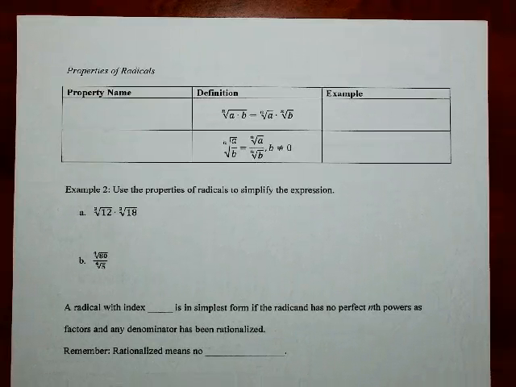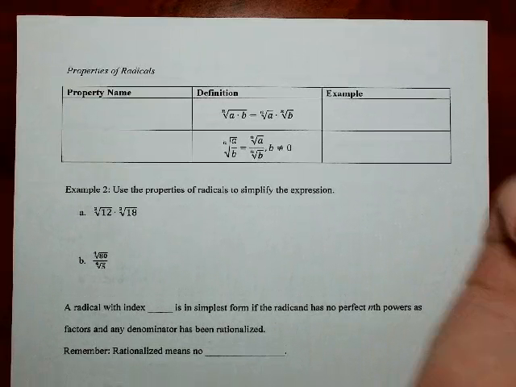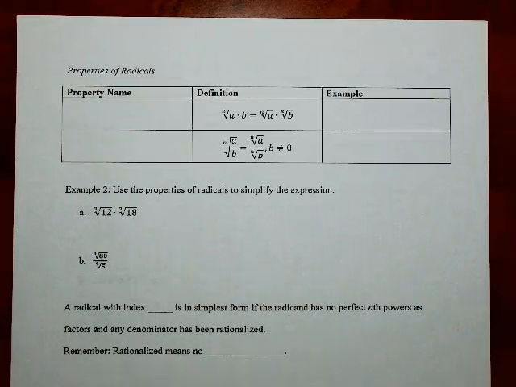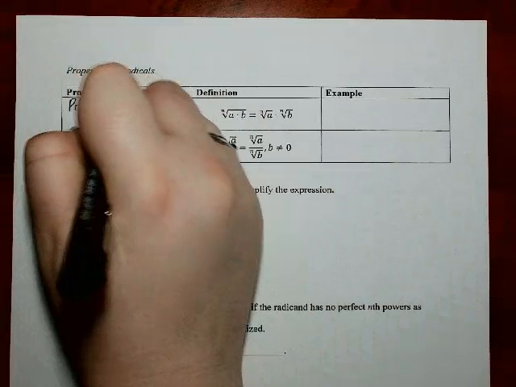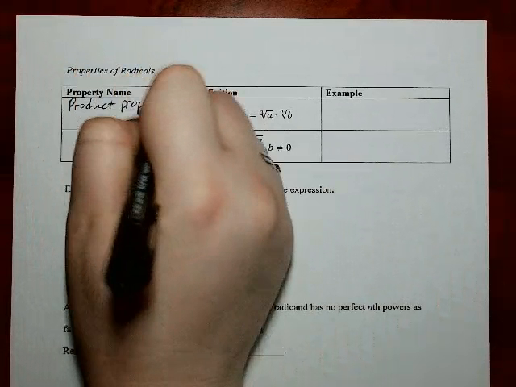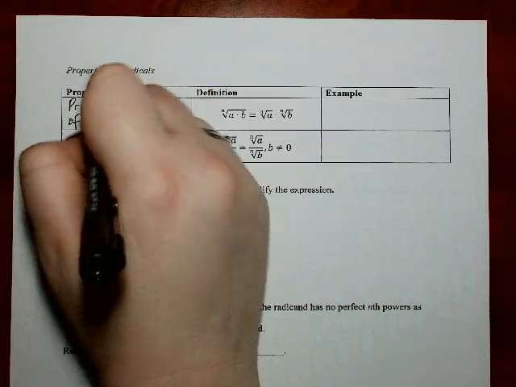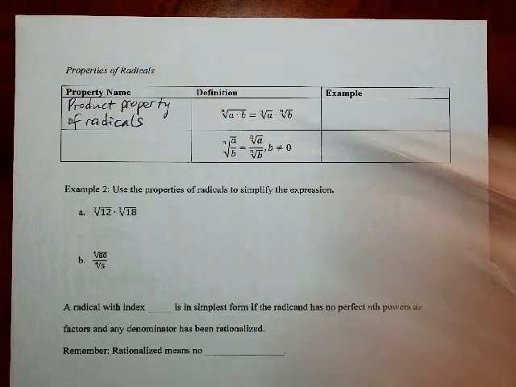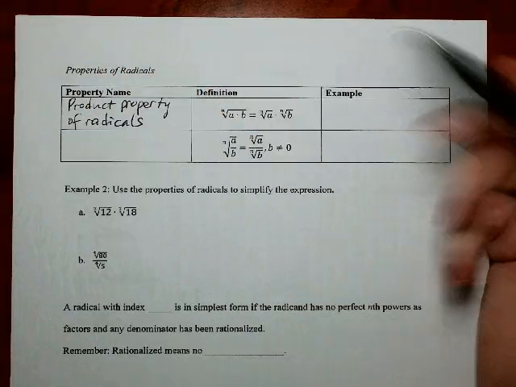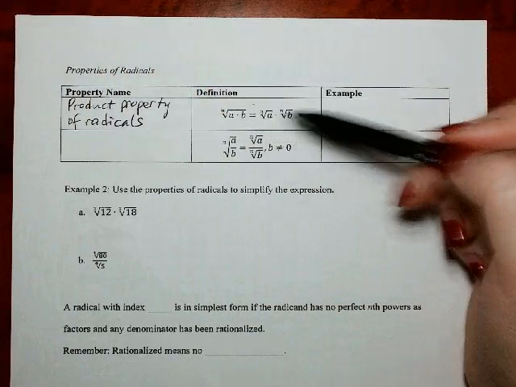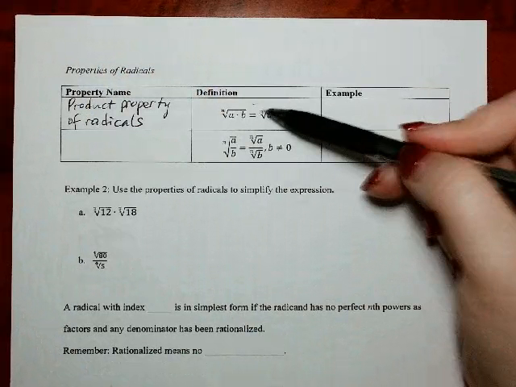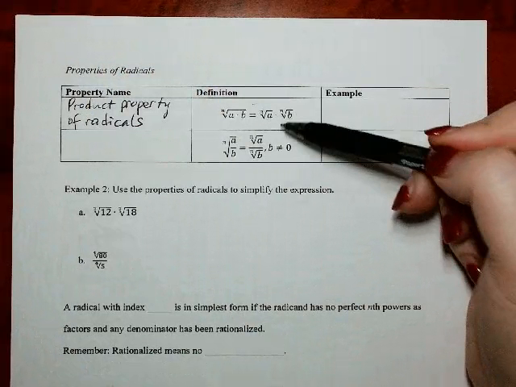Now, properties of radicals. First, we have the product property of radicals. So if we have a root of something times something, we can break that into two roots, both with the same index as the original, of those two things times each other.